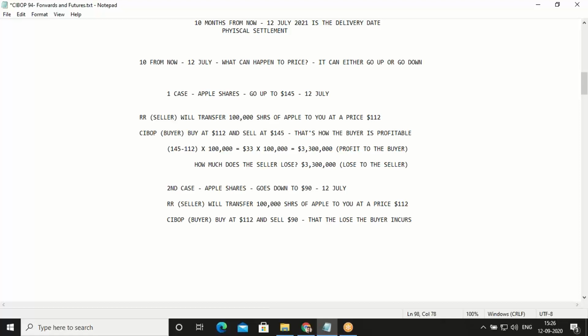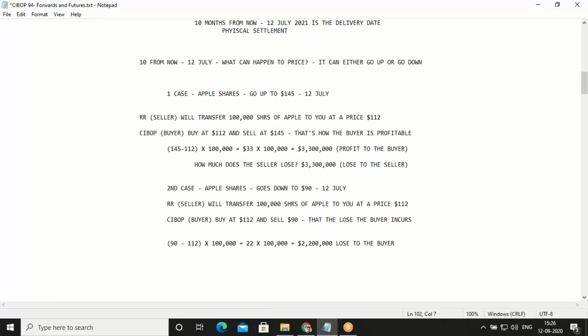Now how do we figure out the loss? $90 minus 112 into $100,000. So 22 into $100,000 equals a loss of $2,200,000 to the buyer.